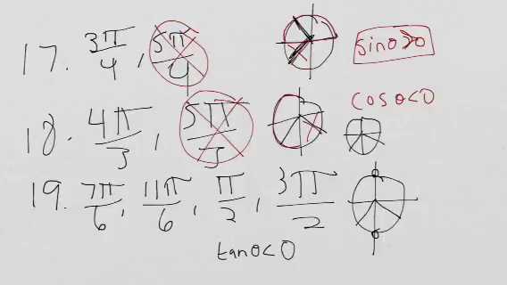All right, so that is going to automatically eliminate up here because tangent is not negative there. Down here, these answers are going to still be in here. This answer is actually undefined.